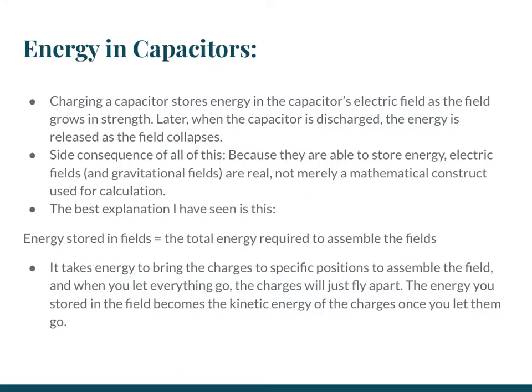Dealing with this energy that's stored in the fields seems a little crazy and hard to conceptualize, and the best explanation that I've found for it is that energy stored in fields is the total energy required to assemble the fields all together. In a capacitor, you have to move all of the charges onto these two plates, which are separated by some distance d.